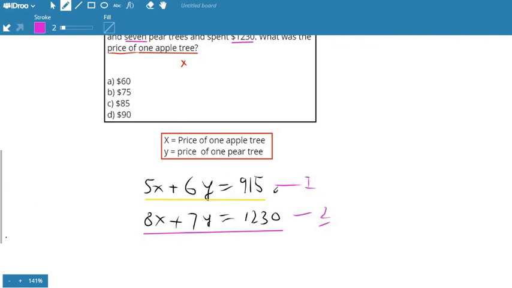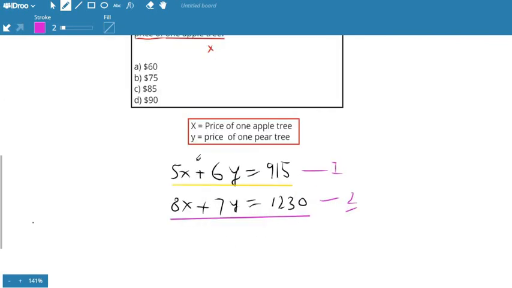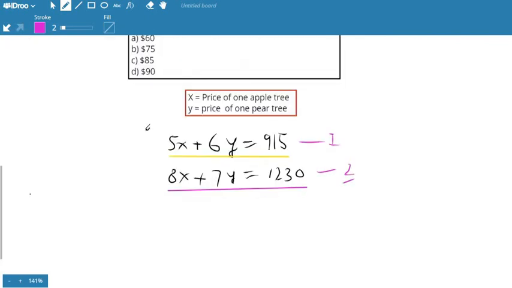Now we will try to solve these equations. How? I can multiply the first one with 8 and the second one with 5, to get 40 here and 40 here. Basically I am trying to eliminate one unknown variable.